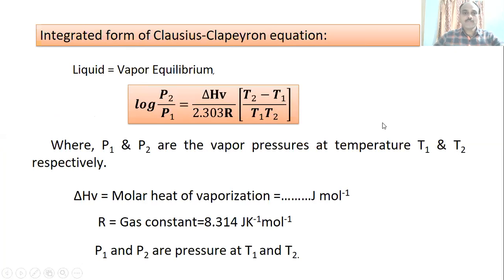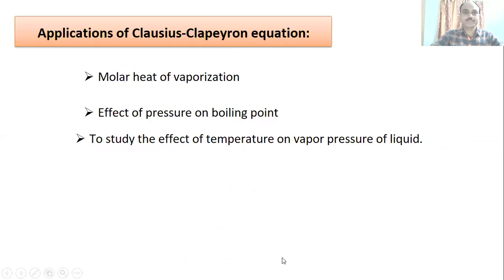Now, P1 and P2 are the vapor pressures at temperatures T1 and T2 respectively. Delta HV, that is the molar heat of vaporization, is in joule per mole, and R is the gas constant, 8.314 joule per Kelvin per mole.